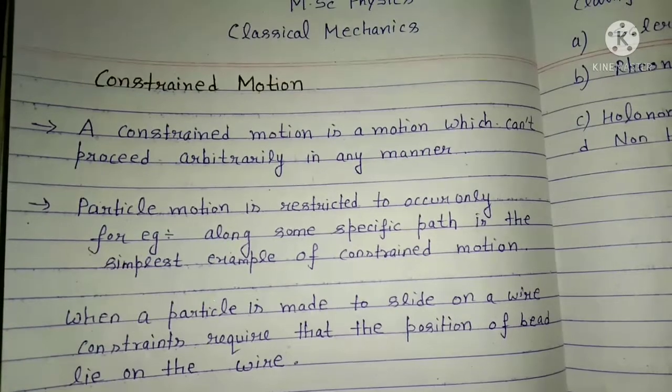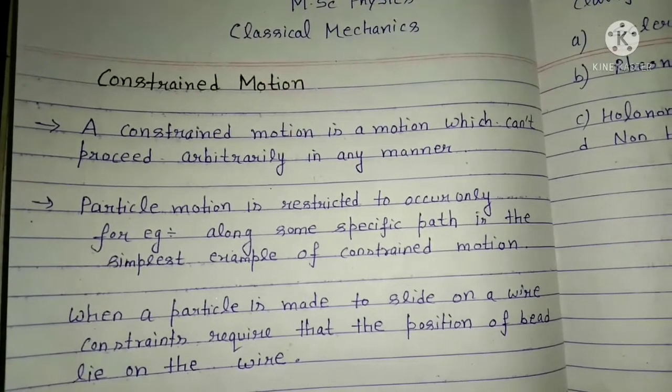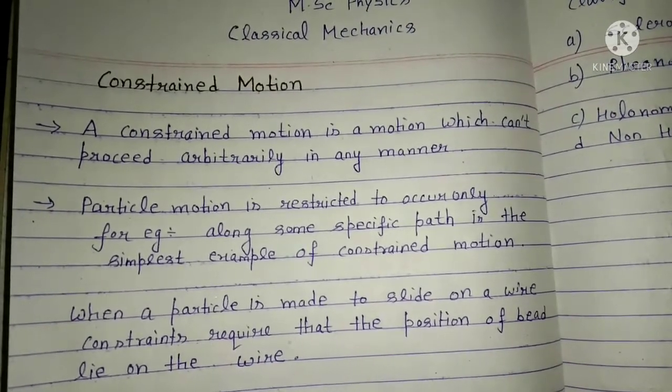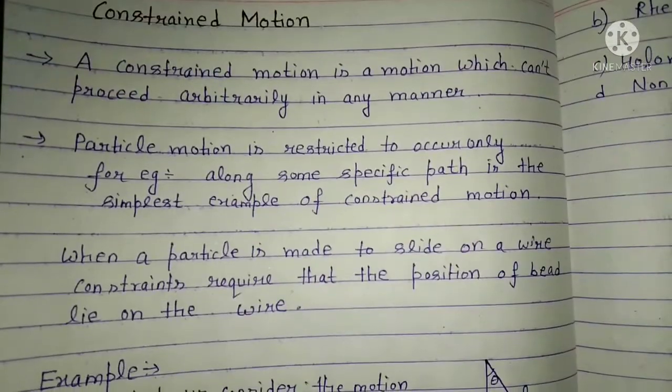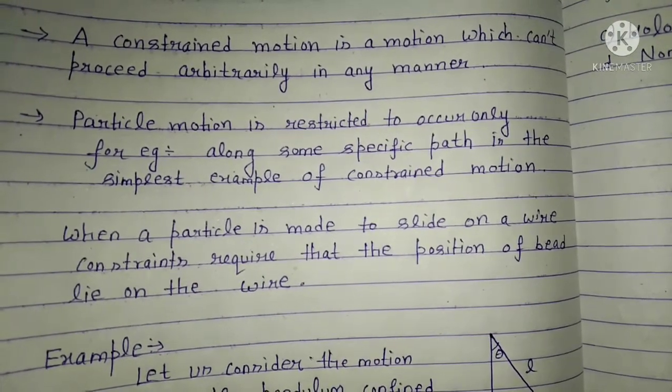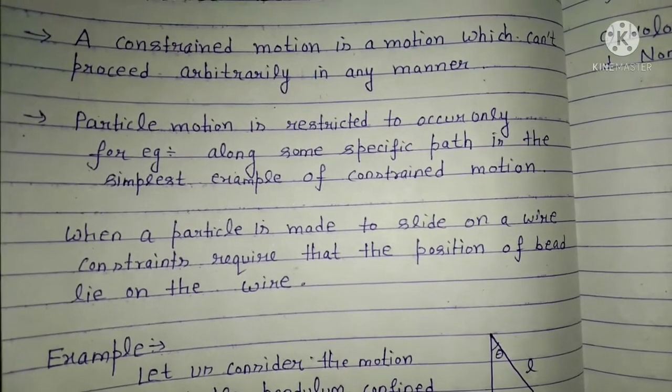So let's start. A constraint motion is a motion which cannot proceed arbitrarily in any manner. Means that particle motion is restricted. For example, along some specific path is the simplest example of constraint motion.